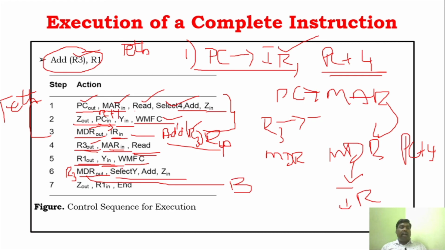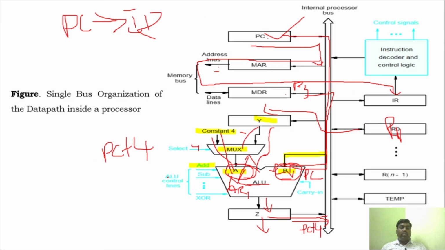It will always select the Y, because in Y we already have R1. And B has R3. From Y, it is given as an input to A. Now A has the content of R1 and B has the content of R3, and add is initiated. The add control signal is initiated, and once it performs the addition, it is sent to Z in, and then to Z out.